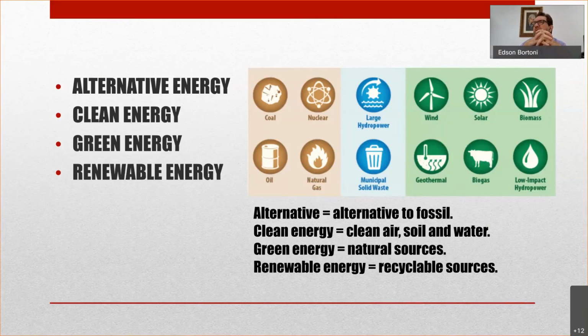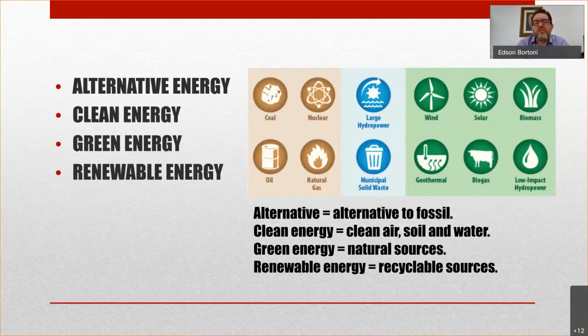Alternative energy, this term began to spread in 1973 with the oil shock, the creation of the OPEP, joined with countries that produce petroleum, and the prices started to increase. So the countries started to look for alternatives to oil in order to have better prices. So alternative energy means alternative to fossil energy.